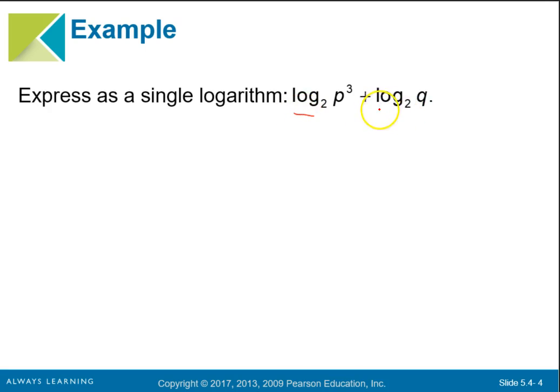You have to have the same base, so it becomes log base 2 of p to the 3rd, and then that's going to multiply with q. So there's our original, and there's our log base 2, and then we have the parentheses around it to make it real clear that it's being multiplied, not that we forgot to put a plus in there.